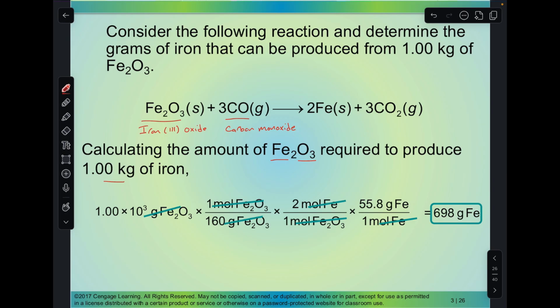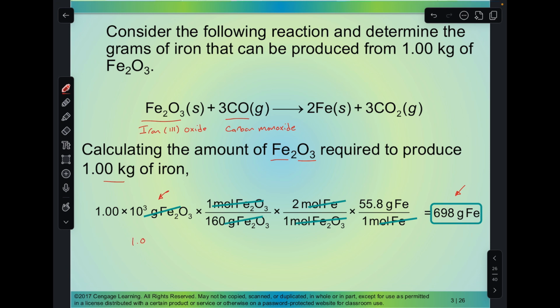So this is not done correctly. There is math here, but this is not the answer. This is calculating what you would get if you were to start with 1 kilogram of iron oxide: how much iron would you make? So let's do the actual one that it says up here. How much iron oxide is used to produce 1 kilogram of iron?